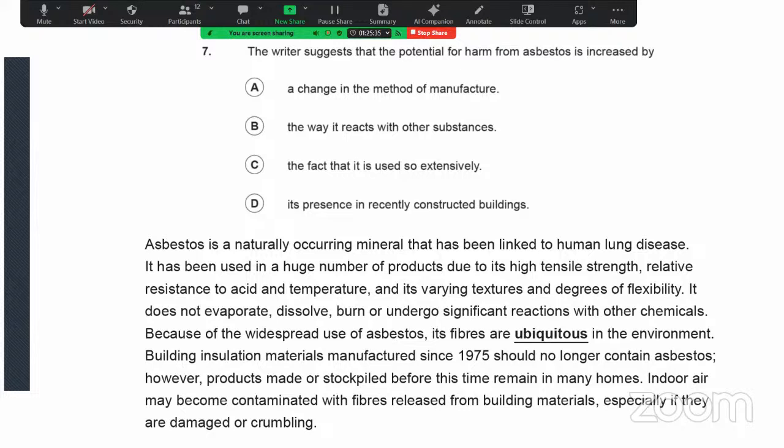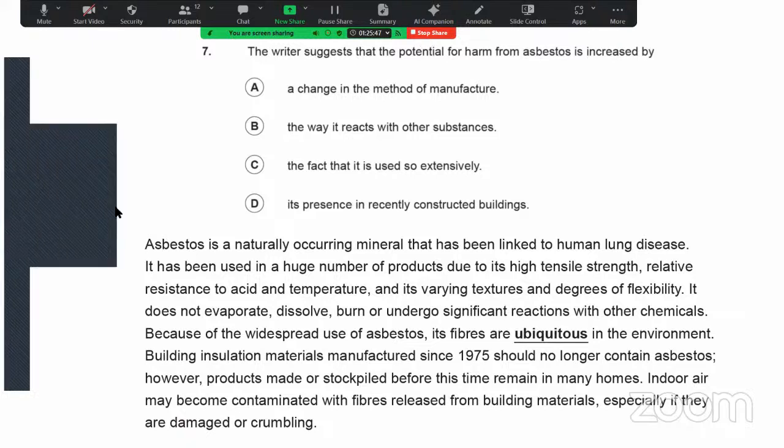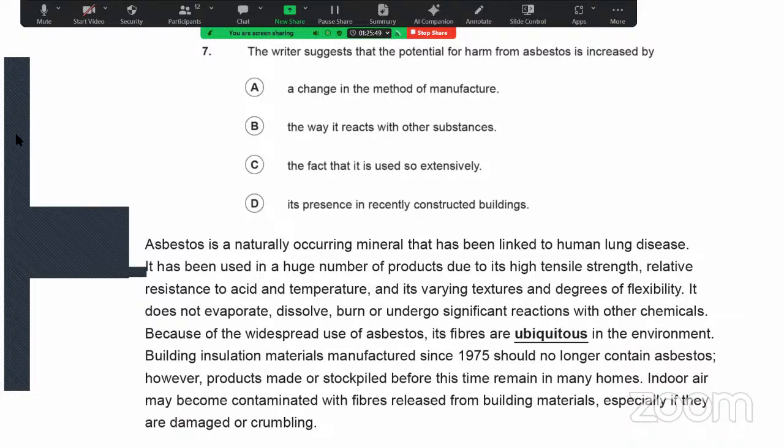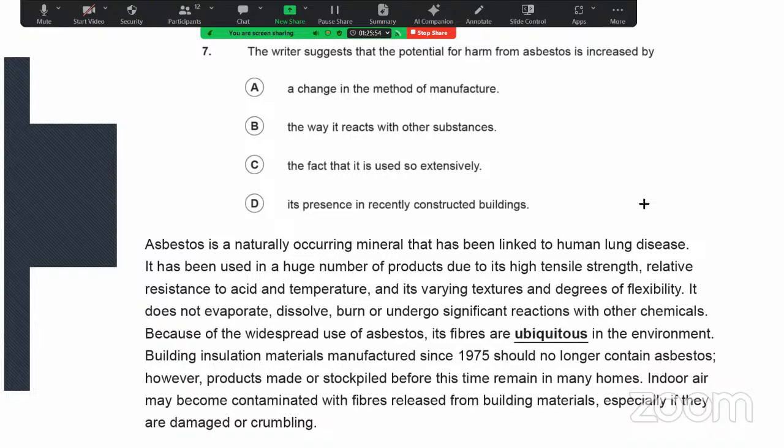It is used in a huge number of products. So in option C, the fact that it is used so extensively means that the use is the answer. I also eliminated the other options in the similar way that you said. So I think C is the right answer.